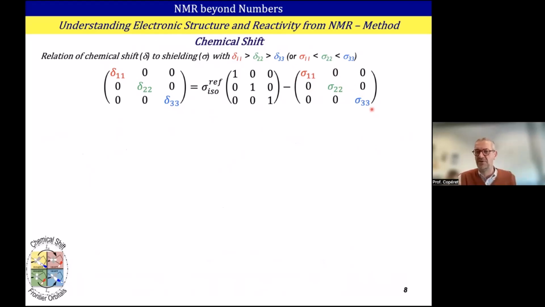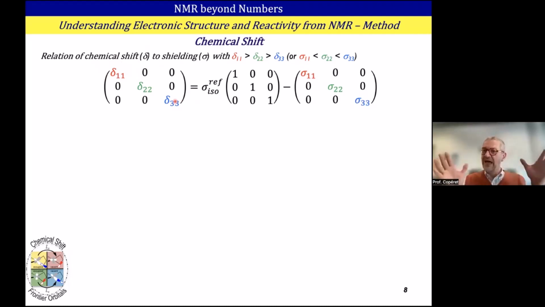In the case of carbon, it would be carbon 6+. Okay, so in this talk, I will discuss interchangeably either chemical shift or chemical shielding, and it's the same convention. Delta 1 is the most deshielded component, the higher chemical shift value, and the most deshielded component in chemical shielding is also sigma 1,1 and sigma 3,3. And delta 3,3 corresponds to the most shielded component.